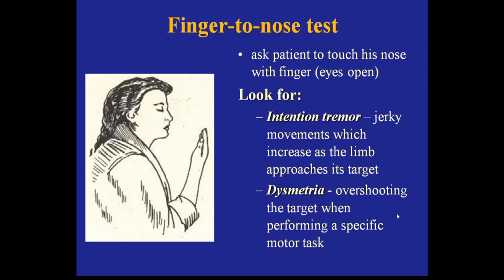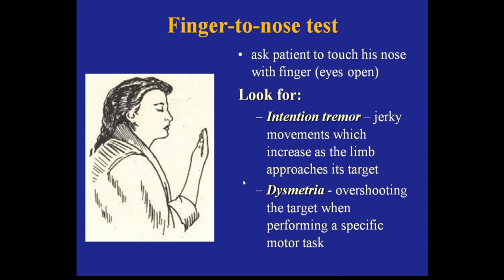Methods of checking of ataxia in extremities. Upper extremities, finger to nose test, or sometimes finger nose test. Ask patient to touch his nose with finger. Eyes may be open, may be closed, doesn't matter.